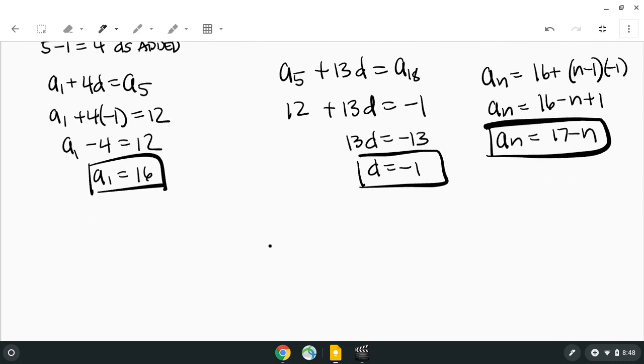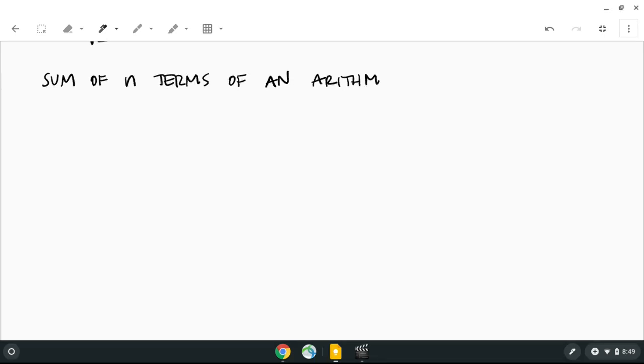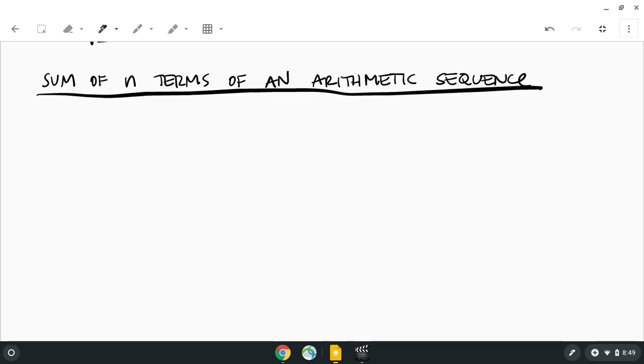Okay, so let's take a look at sums, partial sums. The sum of n terms of an arithmetic sequence. Again, make sure if you're using any of these things that it does say that it's an arithmetic sequence.